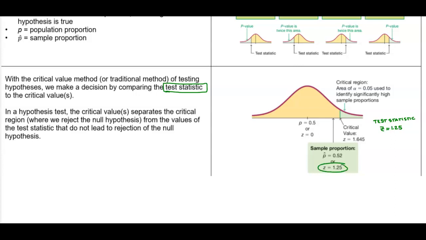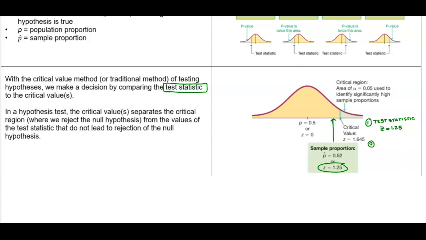So if that was where they're pointing to here, it's not in the critical region, it's outside the critical region. Okay, that's if we had a test statistic that is outside of the critical region.